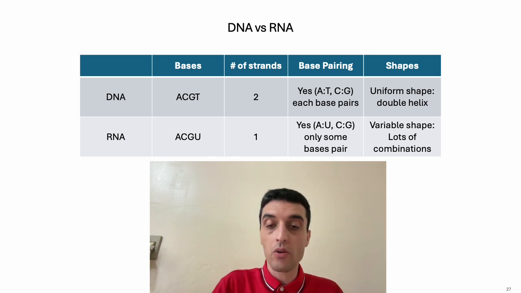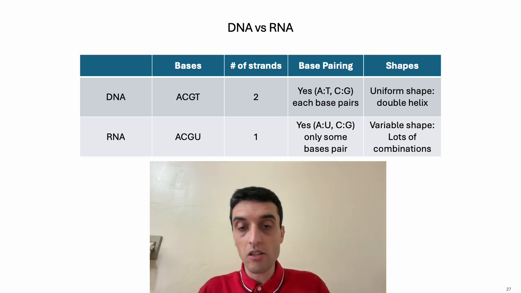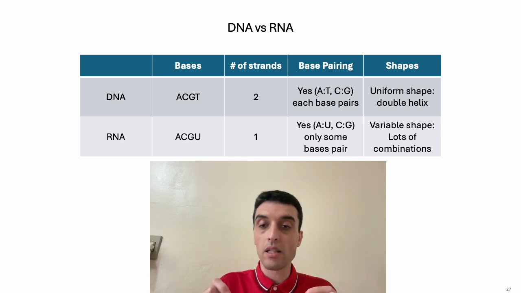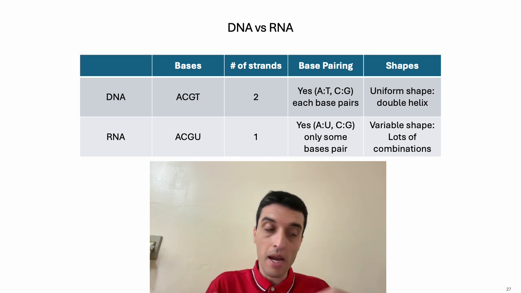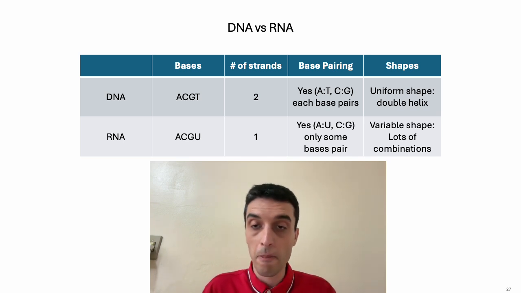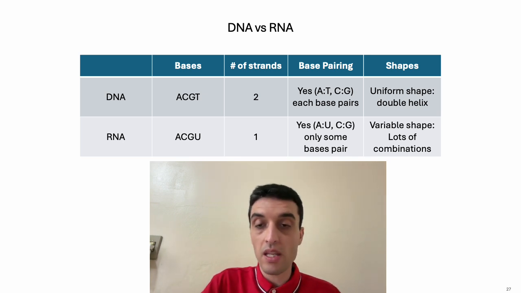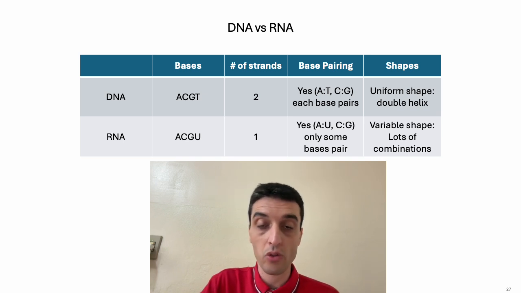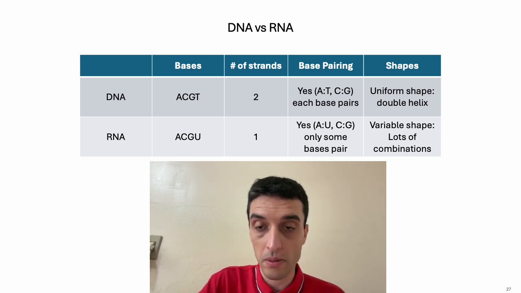While in an RNA, adenine is going to connect with uracil, and that's a bigger difference. And they sometimes skip some pairs depending on what they need. The shape of DNA is a double helix, while RNA has a very variable shape according to its function. So there's a lot of different combinations.